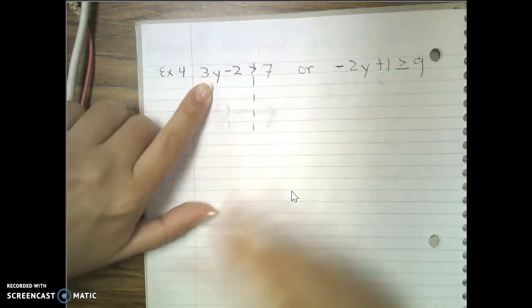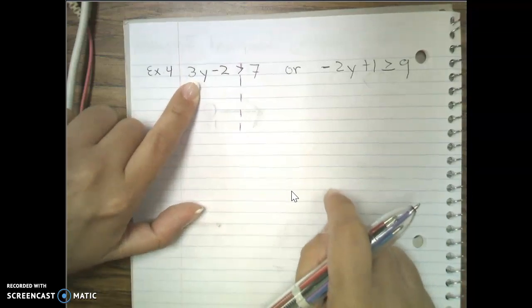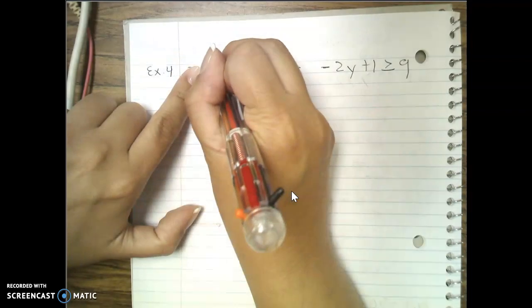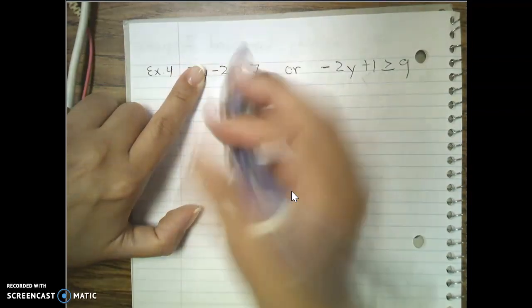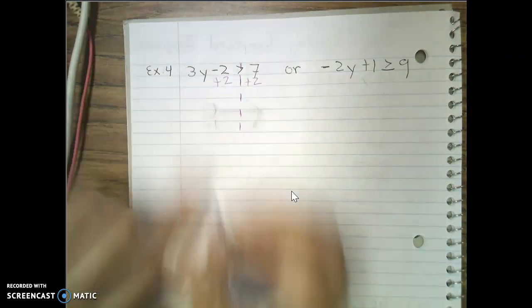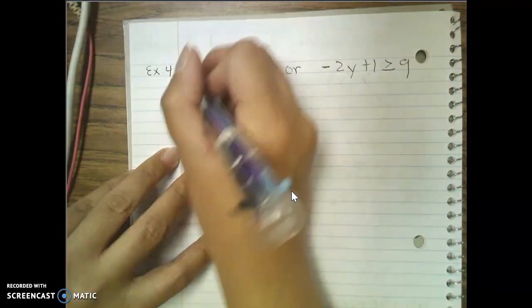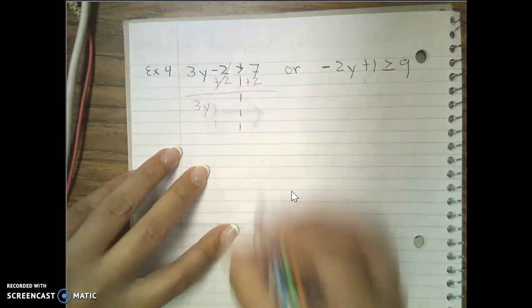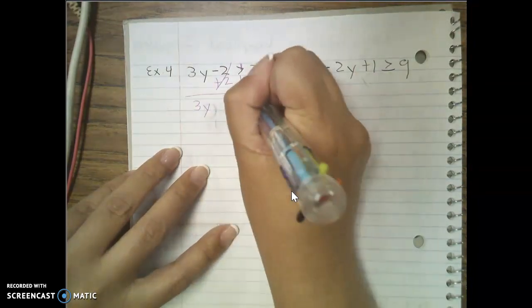Okay, 3y. I'm trying to get 3y by itself. What number comes outside of this y term? Negative 2. What's the opposite of a negative 2? Add 2. Add 2. 3y. Negative 2 plus 2 is 0. 7 plus 2 is 9.